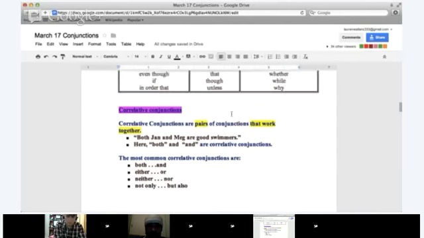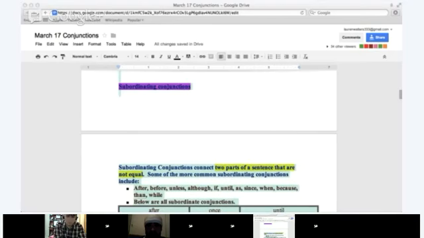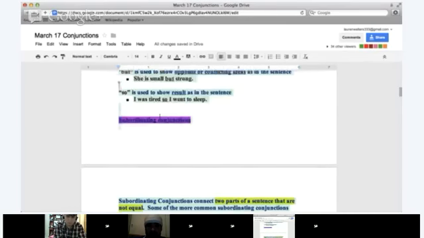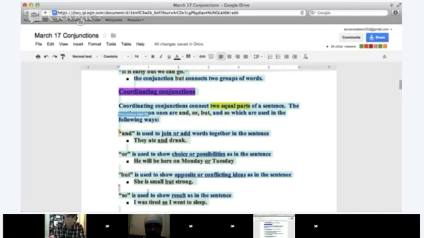So basically, subordinating conjunctions, to subordinate, so if somebody is someone's subordinate, it means one is higher than the other. So it's saying that the two parts of the sentence would not be equal. If you're saying that something happens after the other, those are not the exact same. Whereas the conjunctions before, they're all pretty equal.